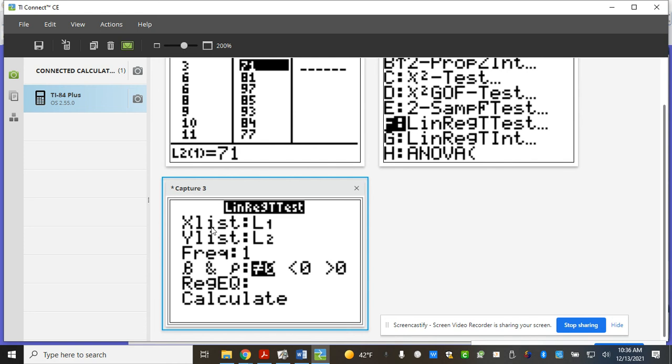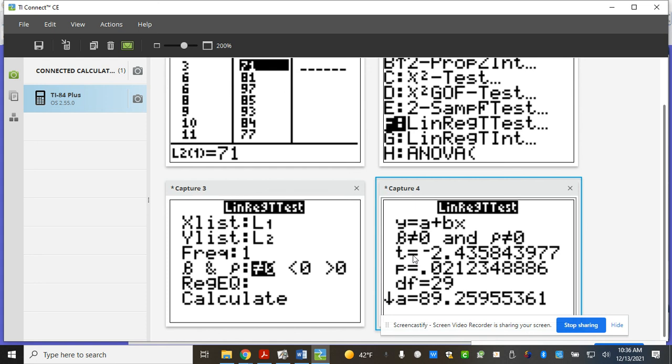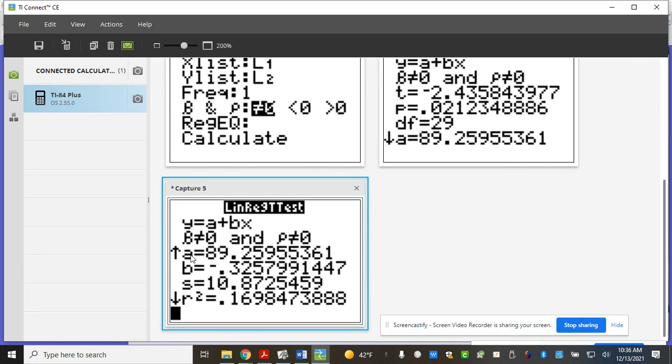When I go through this and actually run it, it's going to give me my test statistic value, my p-value, my degrees of freedom. Now I can keep scrolling down: my y-intercept, my slope, my S. What do we say S was? We didn't talk about it a whole lot. Standard deviation of something.